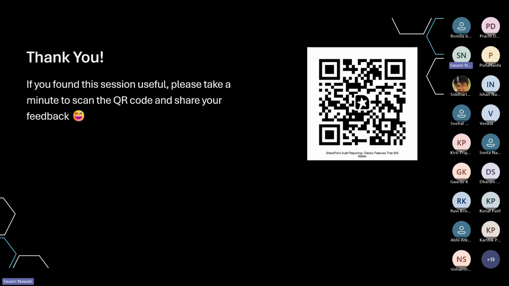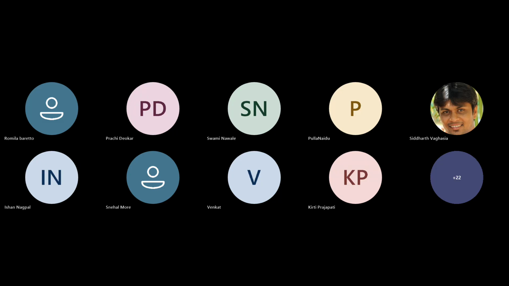Okay, so I'll just drop that in the chat as well. Yes, it's a premium one. I think some basic reporting is available, but other premium features would need a premium license, yeah.